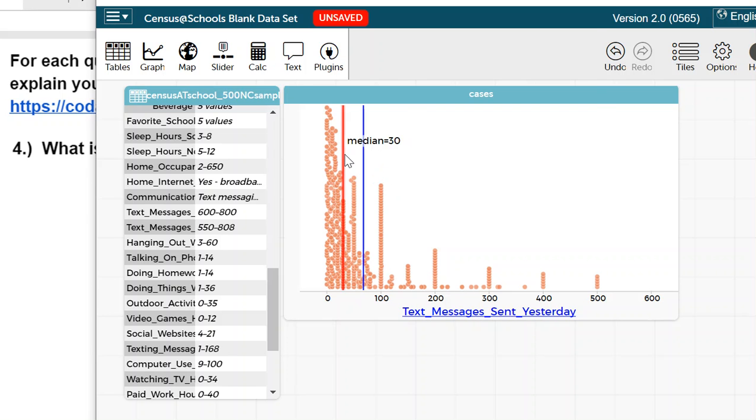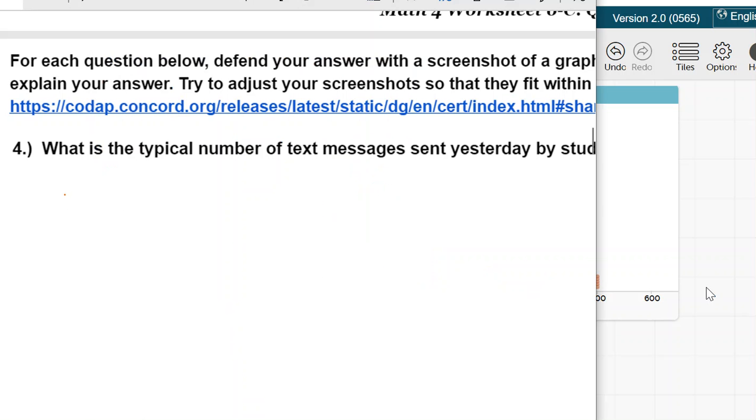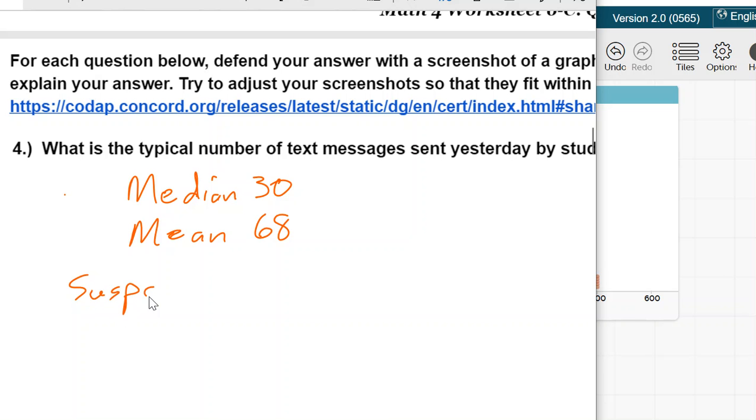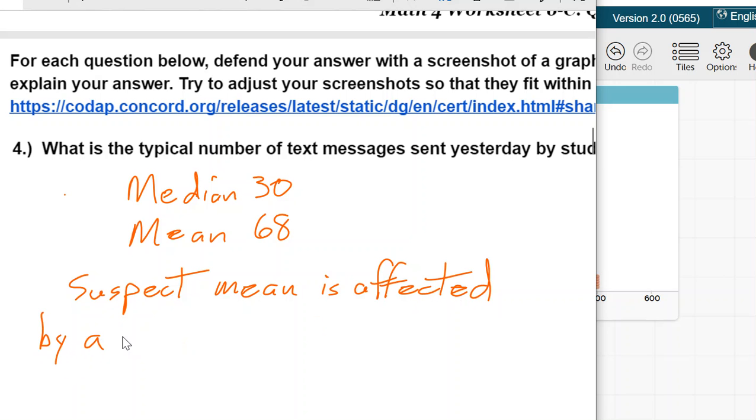So, we're going to mark that the median was 30, but the mean was 68. But we suspect the mean is affected by a handful of high data items.